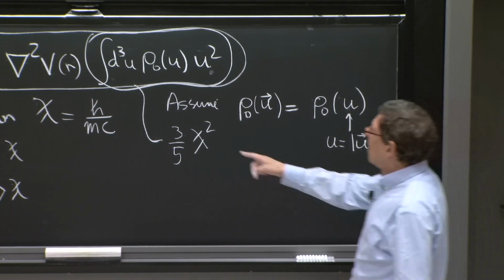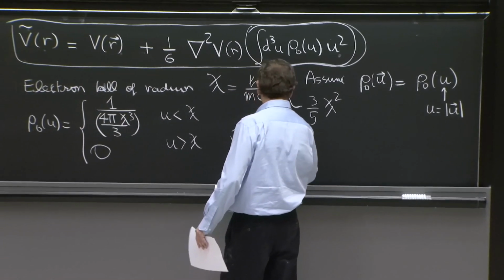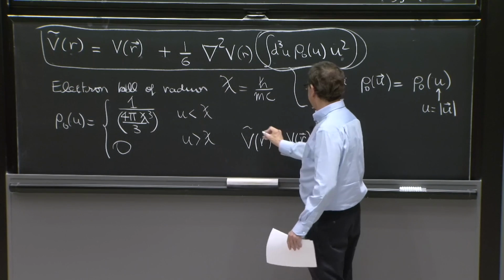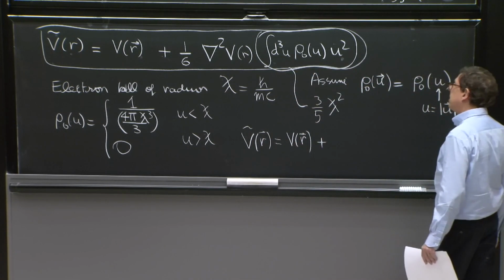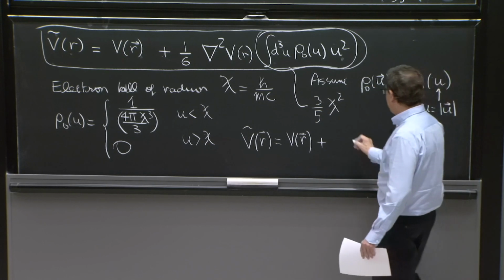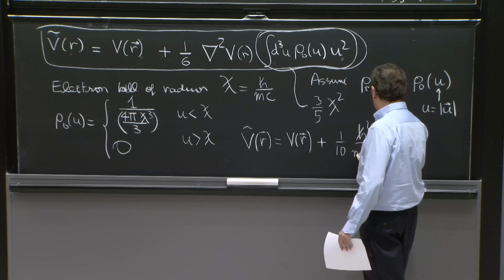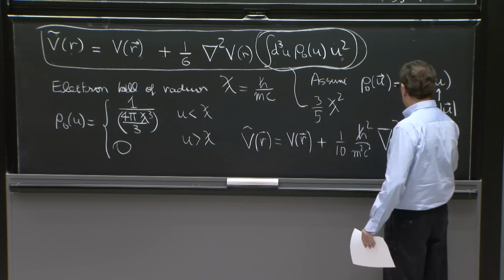So the end result is that v tilde of r is equal to v of r plus 3/5 of this thing times that is 1/10 h bar squared over m squared c squared, Laplacian of v.